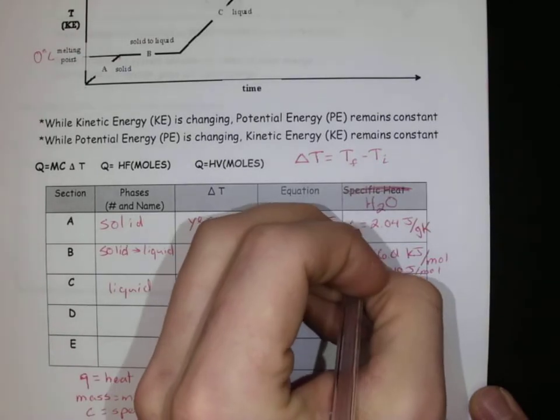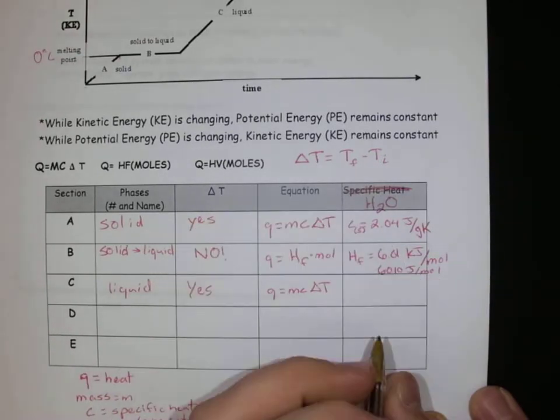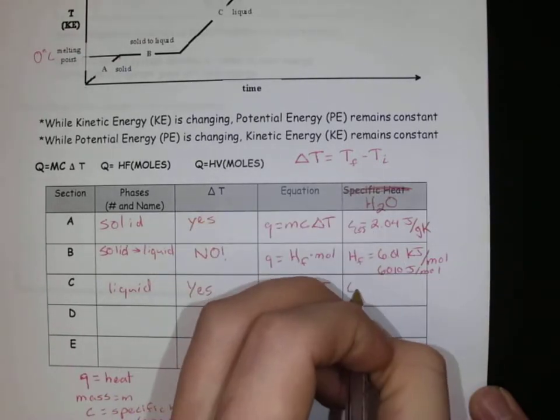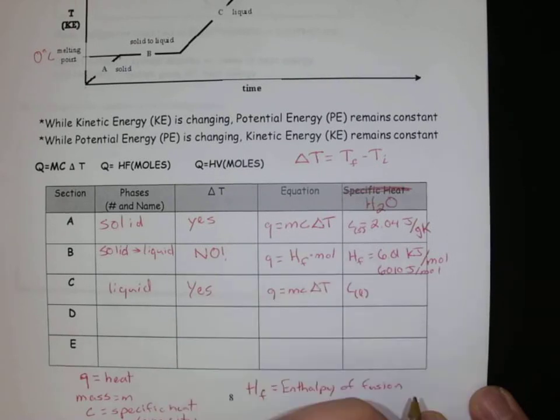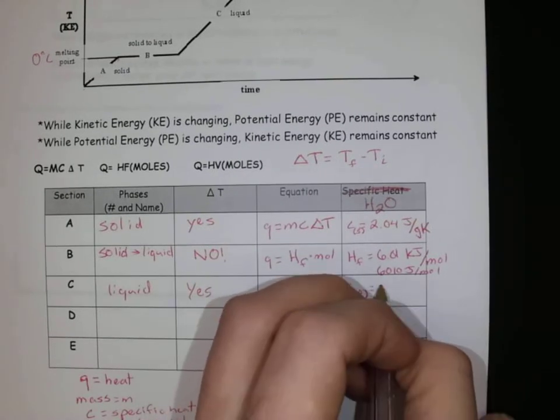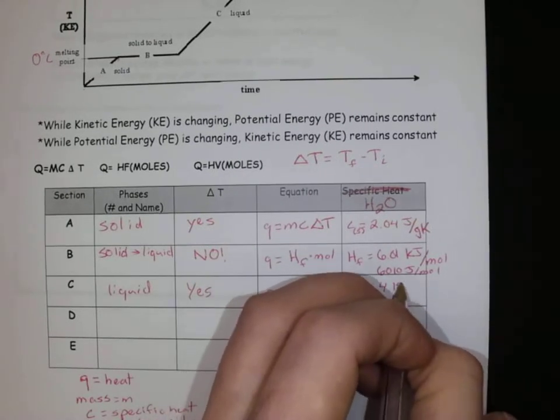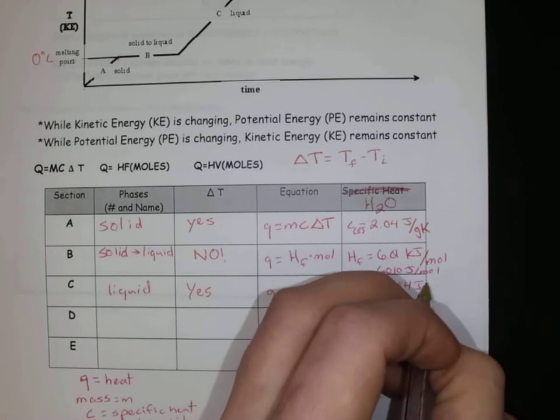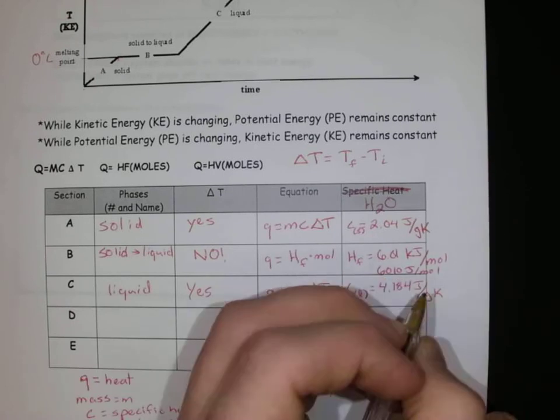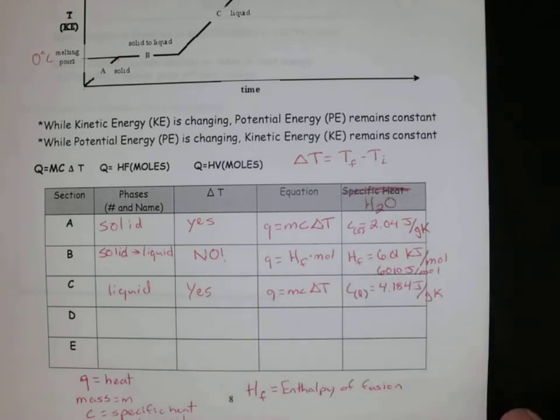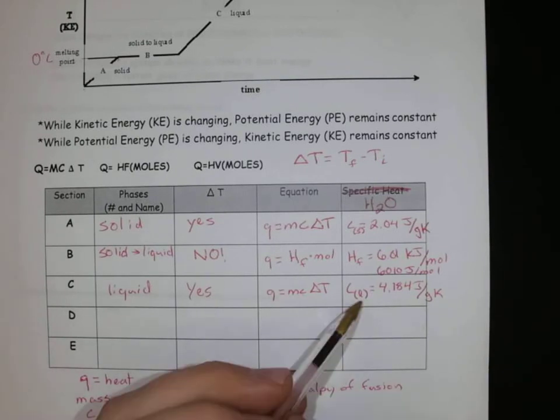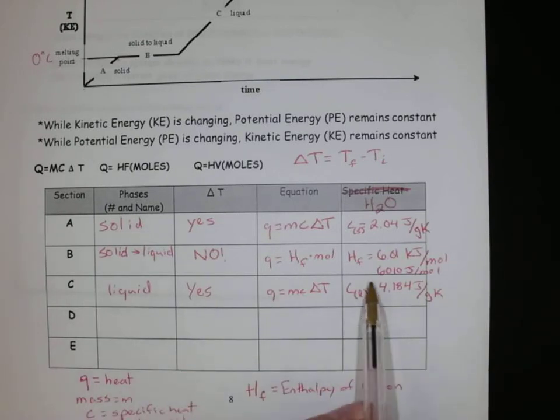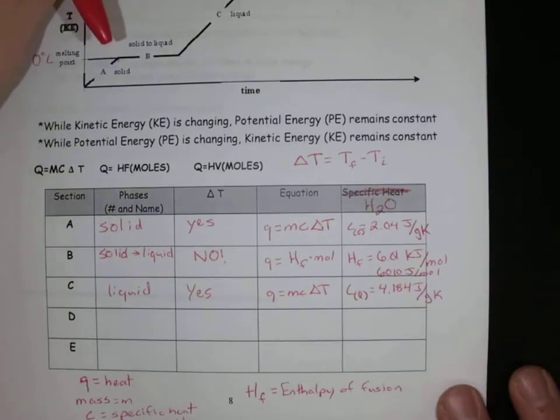So I'm going to do specific heat for the solid up here, specific heat for our liquid down here. That's 4.184 joules per gram Kelvin, okay? So whenever we have liquid water, we can use this specific heat value, okay?